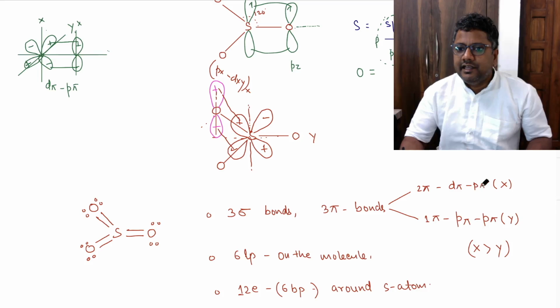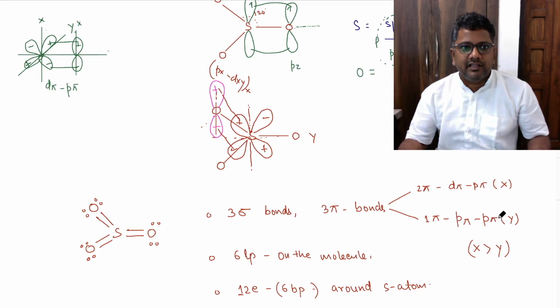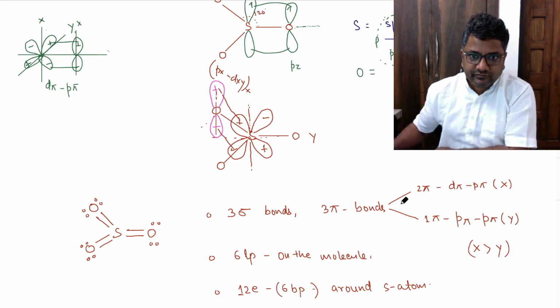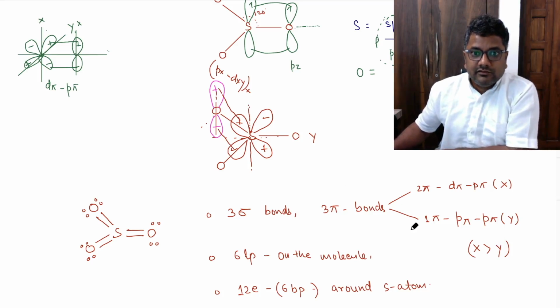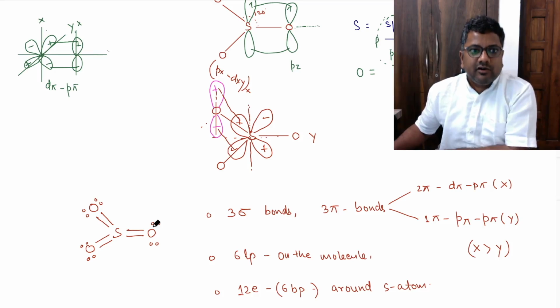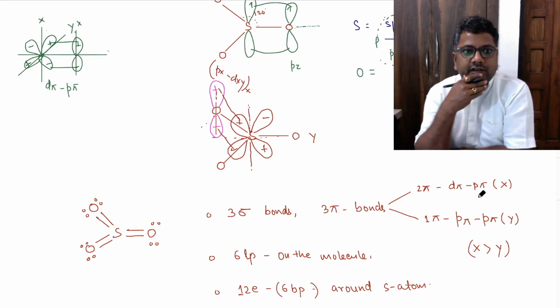Because this is d pi p pi, this is p pi p pi, right? So d orbital is larger than p, so obviously the size will be different. And different bond energy also. Which one is weaker? Obviously d pi p pi is weaker.